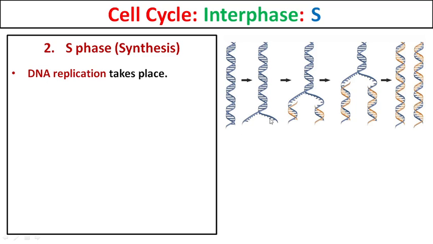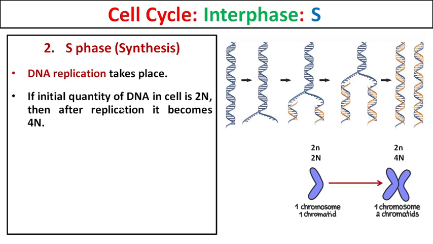Then in this replication fork, DNA polymerase, which is an enzyme, was synthesized in G1 phase, right? But it is functioning in S phase. So here that DNA polymerase will start synthesizing new strands of DNA. Clear? These new strands of DNA finally will give you two same types of DNA molecules, right? So this is what is DNA replication or DNA duplication. Fine?